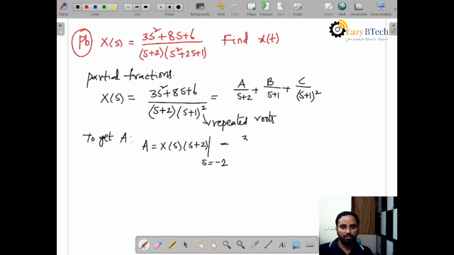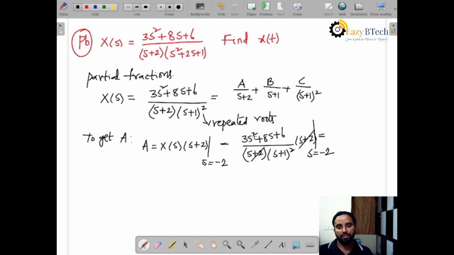So here (3s square plus 8s plus 6) divided by (s plus 2) into (s plus 1) whole square, multiplied by (s plus 2) and s equal to minus 2. So here s plus 2 cancels, wherever s is there keep minus 2. Here 3 into minus 2 square is 12, 8 into minus 2 is minus 16, plus 6, divided by (minus 2 plus 1) whole square. So here 18 minus 16 is 2, that is the a value.